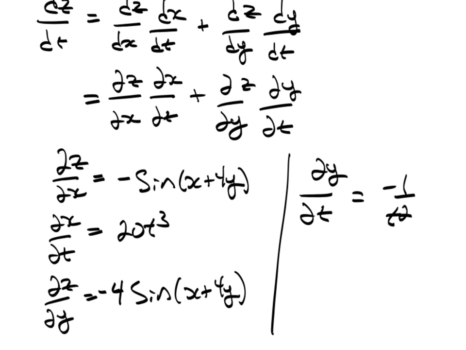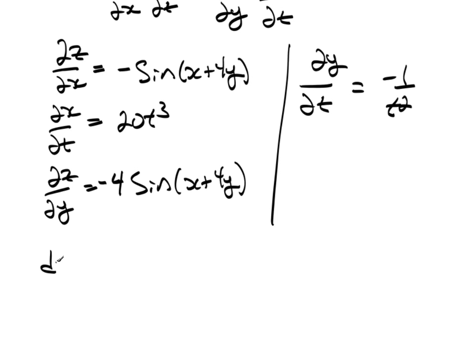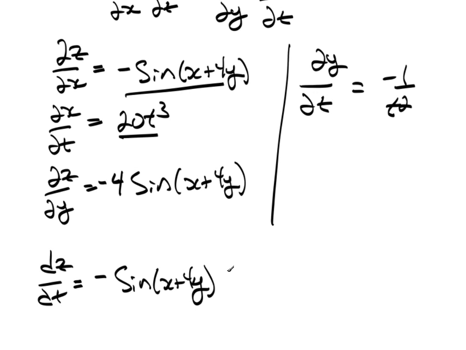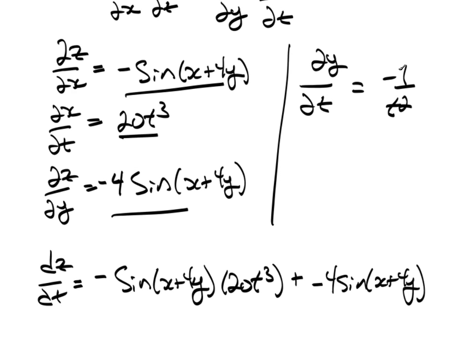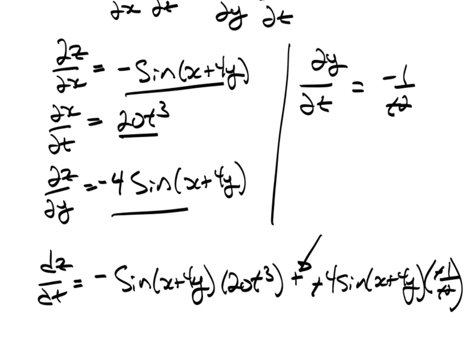That gives me a negative 1 over t squared. So now if I put all these together, I end up with dz/dt equal to negative sine of x plus 4y times 20t cubed, plus negative 4 sine of x plus 4y times negative 1 over t squared. Well, I can cancel out these negatives and leave that positive.